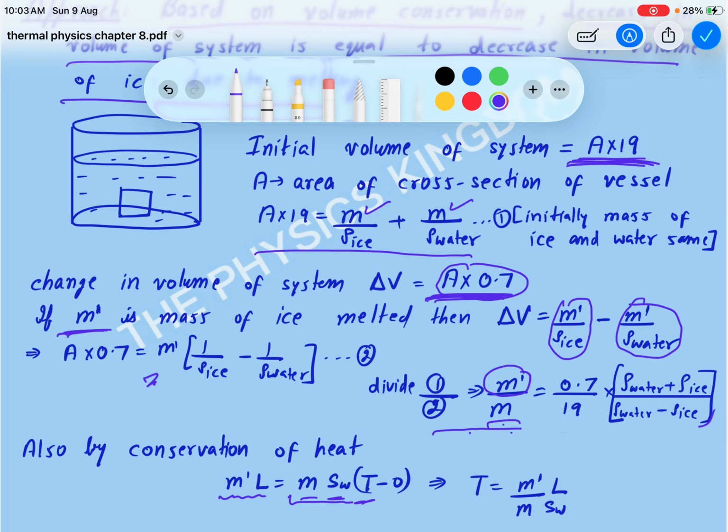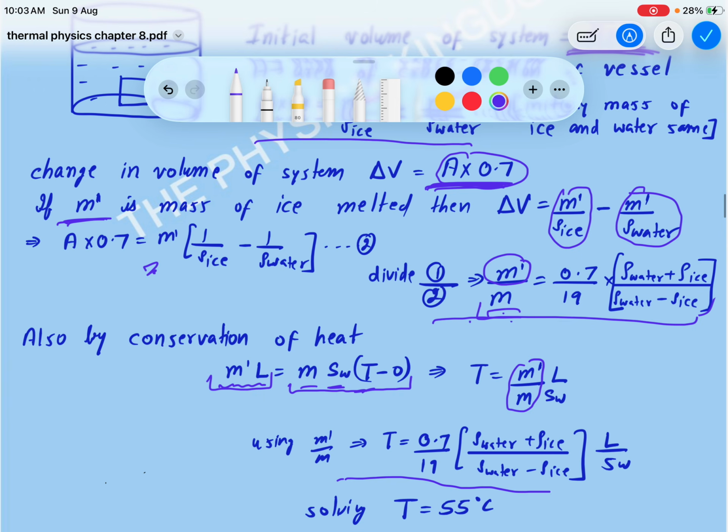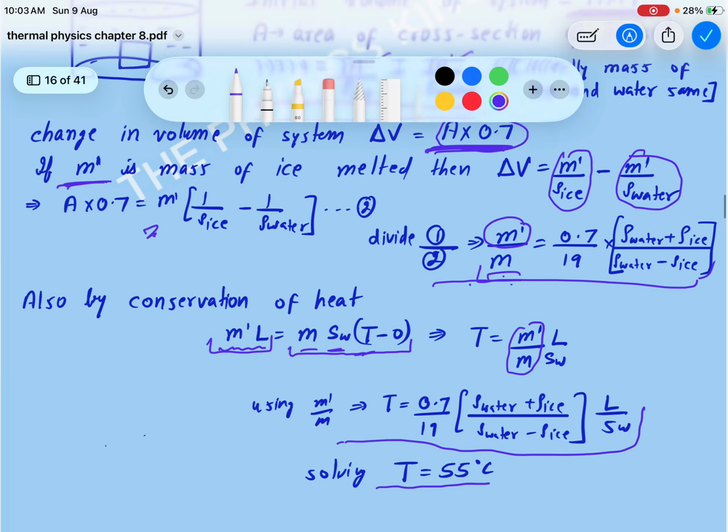Then the heat released by the water is the heat absorbed by ice in melting. We get it in terms of m dash, and m dash by m we already got as an expression. If you substitute it, we get this equation, and using the values given, we can find the final temperature as 55 degrees Celsius.